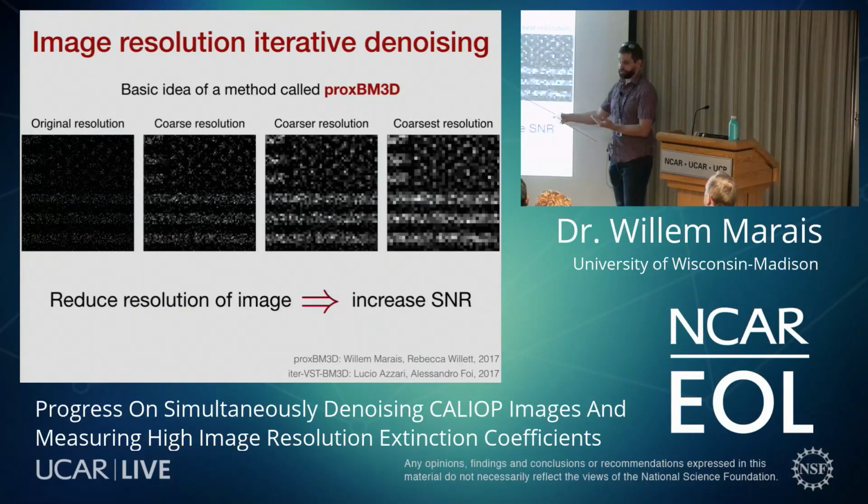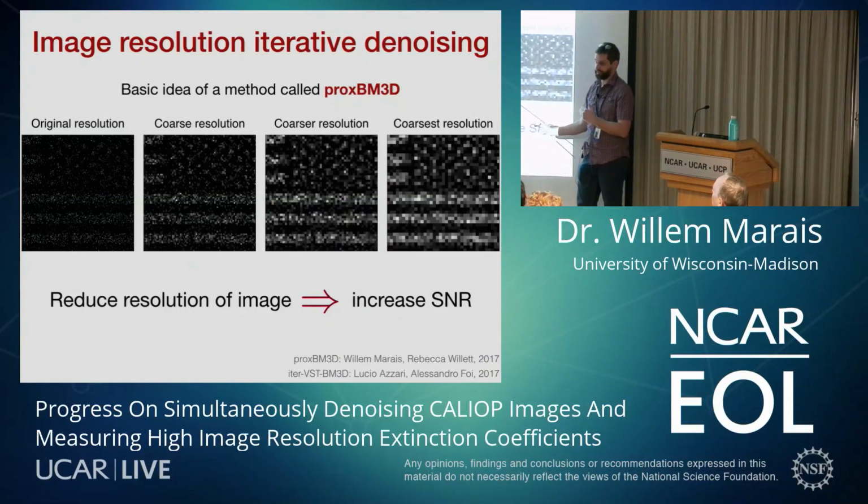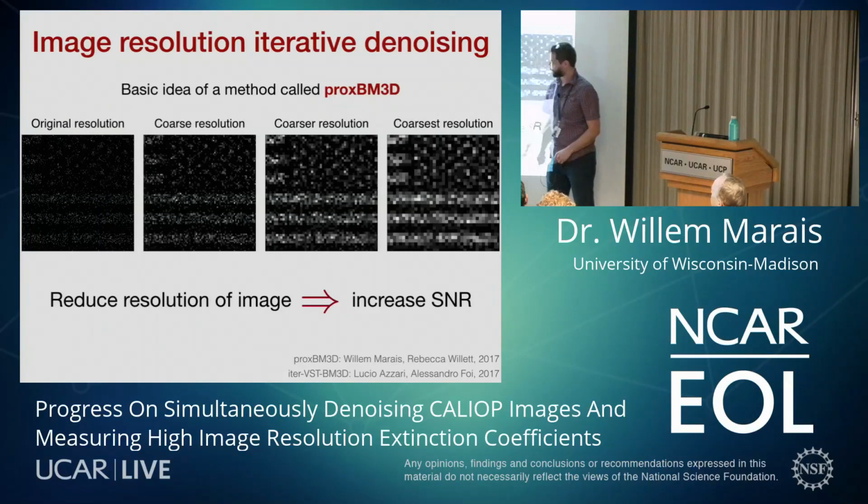Let's use it as an initial estimate for inferring the image at a little bit higher resolution. And that helps us to get an accurate estimate of this slightly finer resolution image. And then we go to a higher resolution image. It's noisier, but we have an initial estimate that's accurate based on the previous image resolution. And we go all the way down to the original image resolution.